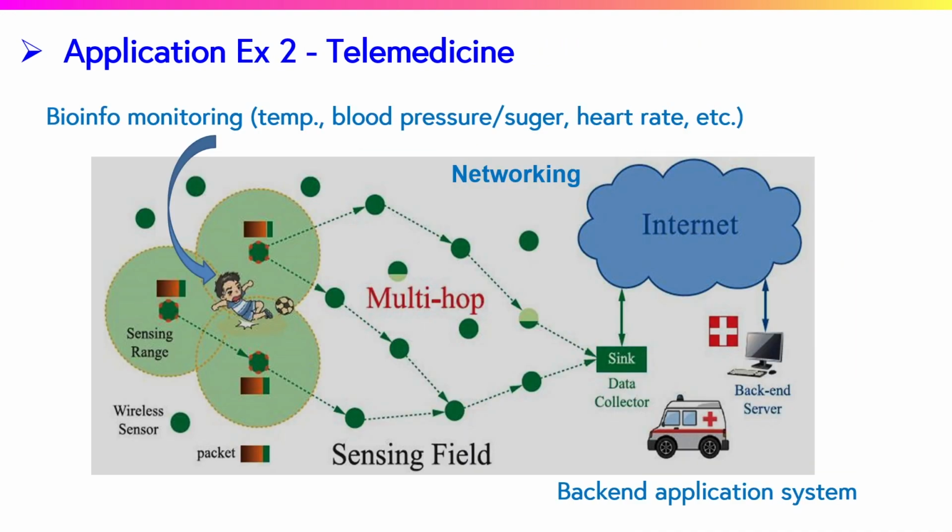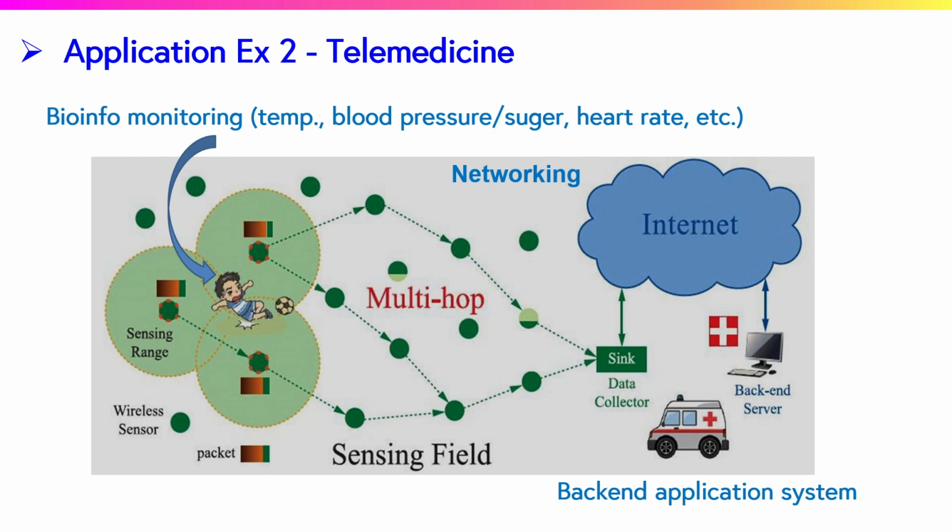The second one, we can look at the application of telemedicine. Okay, so here is an example. From this example, we will see the expansion of the sensor and also the IoT. You see here we have kids playing somewhere. We have some sensors to measure bioinformation.